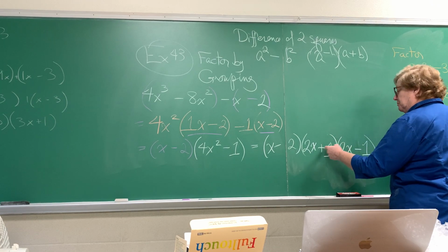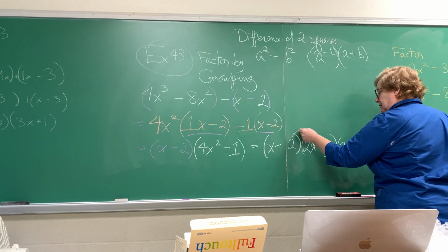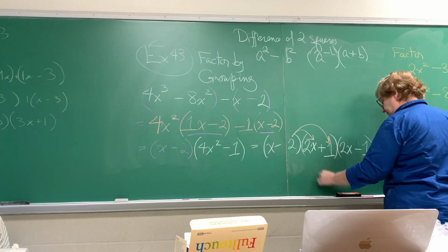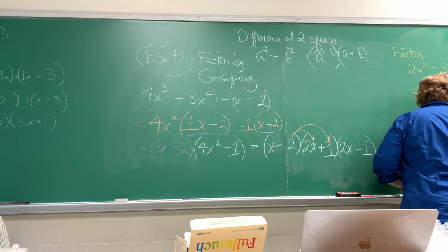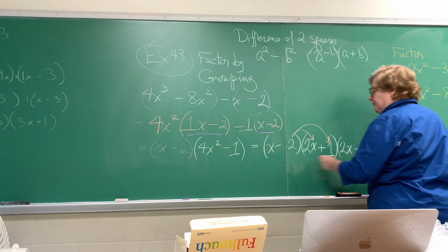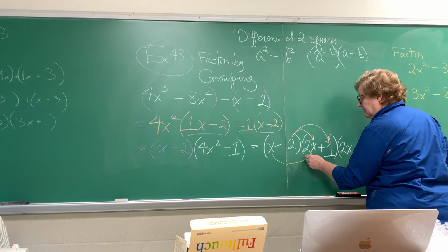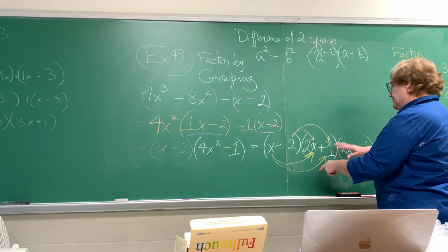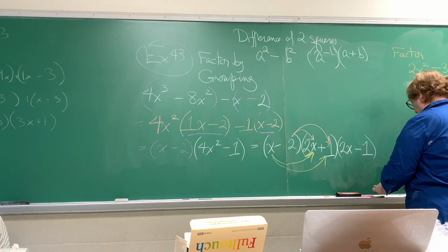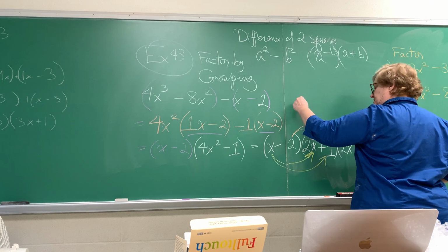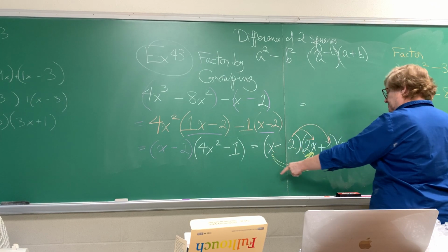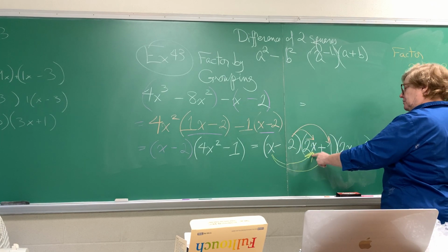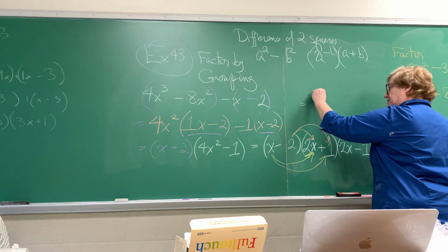Let's first multiply the front term by the second term. So we're going to leave the third term for later. So this gives us, we have x times 2x. What will that give us? 2x squared.